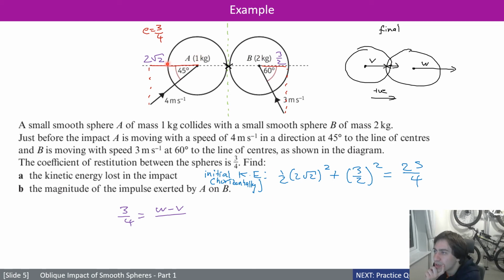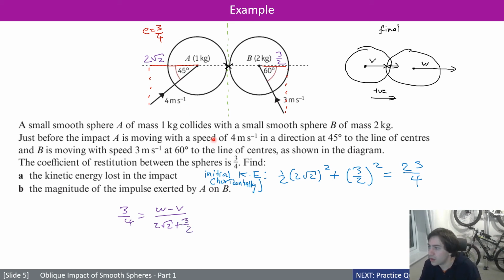That left one is going right, I took right as positive, so that's 2√2. And then this one here is going left. This 3/2 is actually a leftwards 3/2, so that's minus. So then left minus right is actually 2√2 minus minus 3/2, so I get plus 3/2 here.